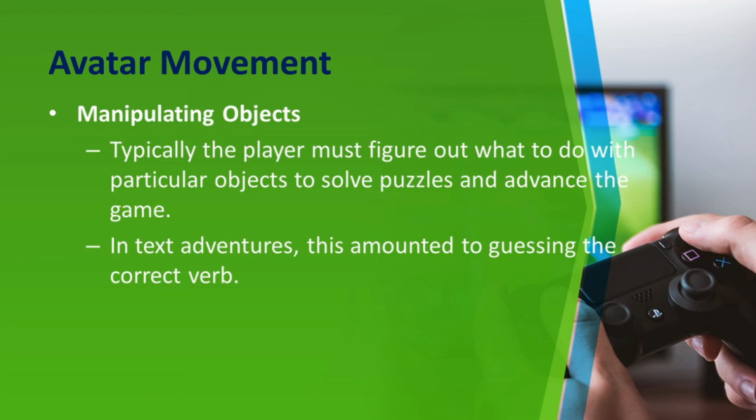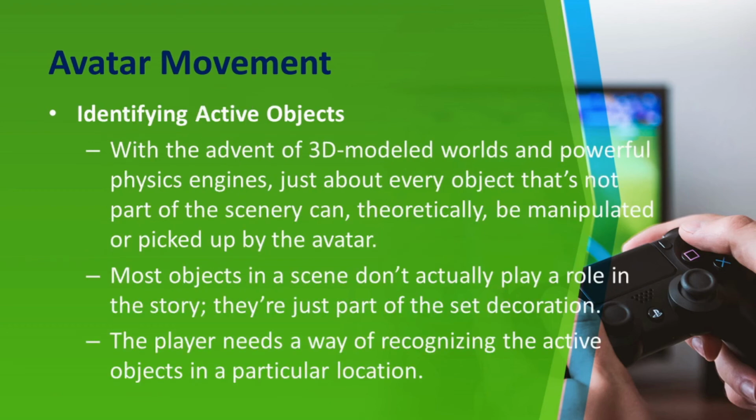In text adventure, this amounted to guessing the correct verb. In adventure games, this is usually by clicking onto objects and selecting that object, then it will vary on the game what is to be displayed to you. So do you want to examine the object, do you want to use that object, etc.